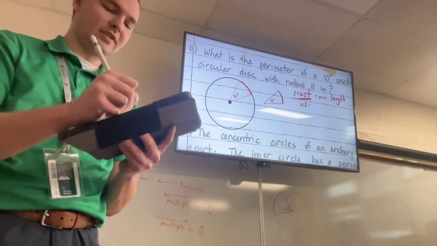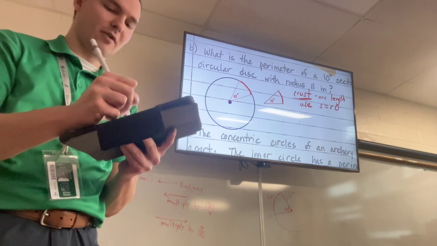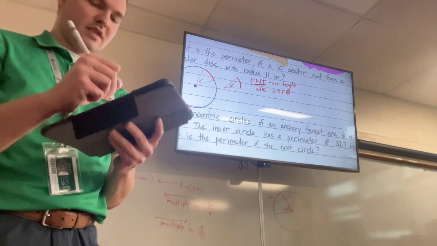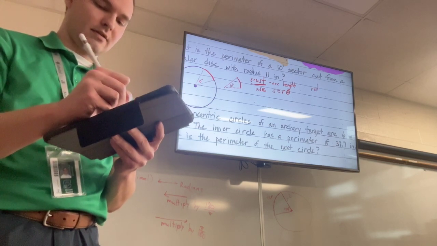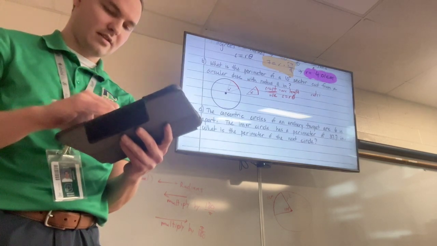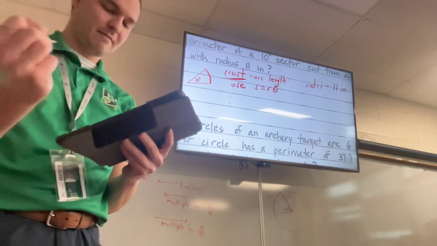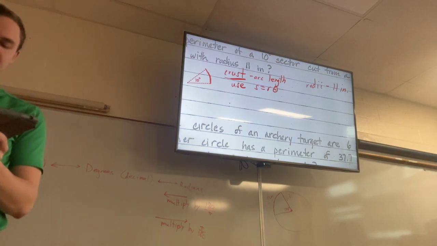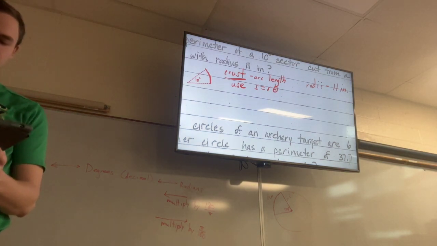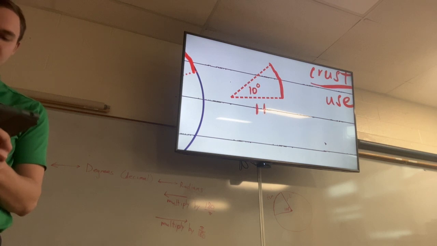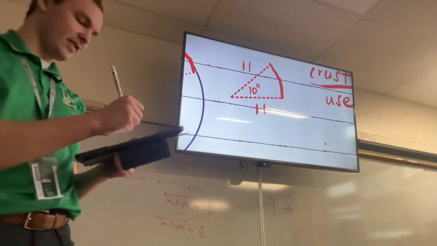To get that, we use S equals r theta. The radius is just given as 11 inches, so we have these two side lengths, both 11 inches.